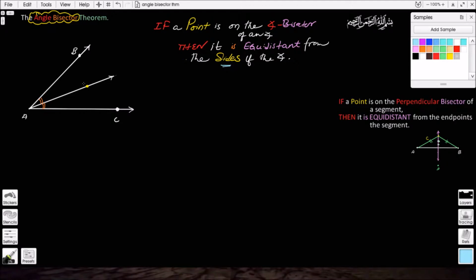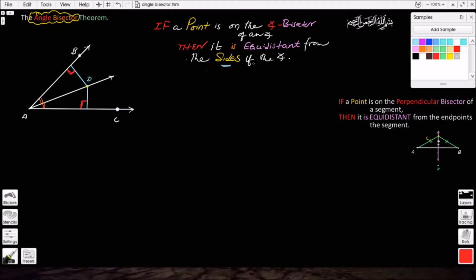Let's call this AD. If a point such as point D is on the angle bisector, the theorem says that it is equidistant from the sides, in this case side AC and side AB. Let me draw this out. The way you measure the distance between a point and a line is the shortest distance, the perpendicular distance. So you draw a perpendicular from D to this side, and from D to this side.